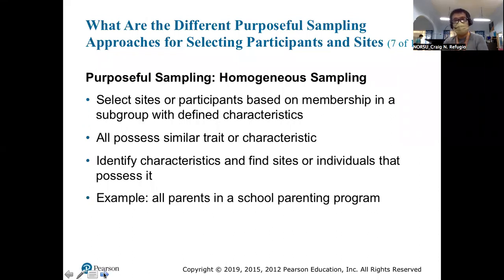We have homogeneous sampling. Select sites or participants based on membership in a subgroup with defined characteristics. For example, gays who are wearing feminine attire. That could be part of the homogeneous sampling.